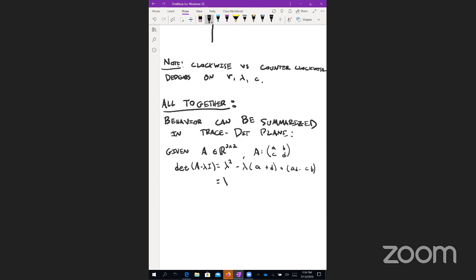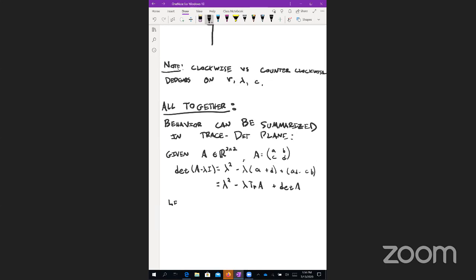And this is exactly lambda squared minus lambda times the trace of A plus the determinant of A. So let's let the trace of A equal T and the determinant of A equal D.